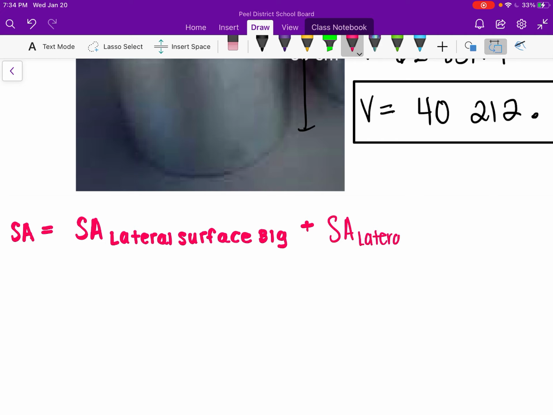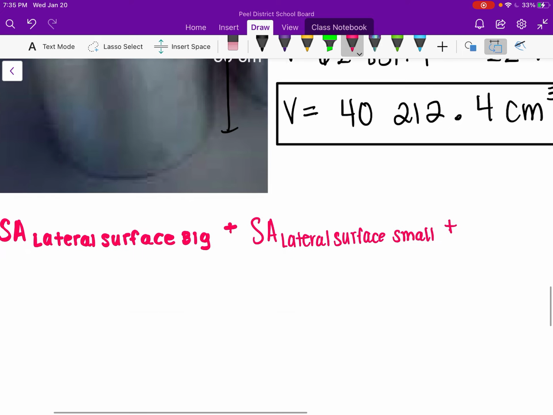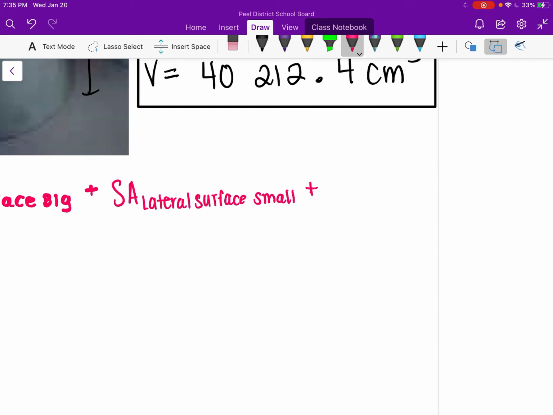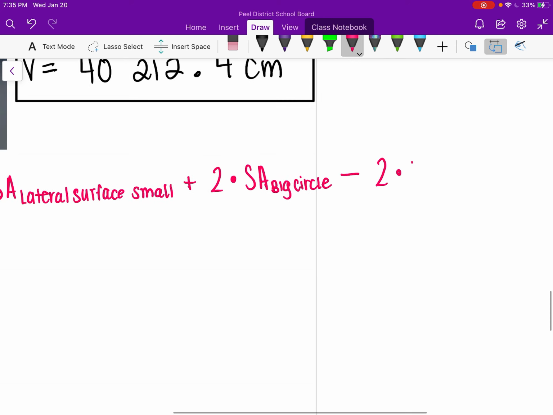So you need to know the cylinder surface inside. Lateral surface small, right? So the smaller area. Plus, you need to know the big circle at the top, right? Plus, and there's two of them, so there's 2 times the surface area of the big circle, minus the 2 cutouts that we did, minus 2 times the surface area of the small circle.